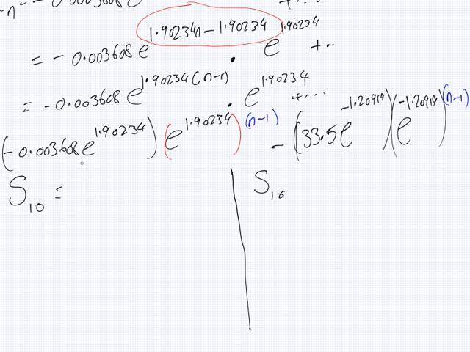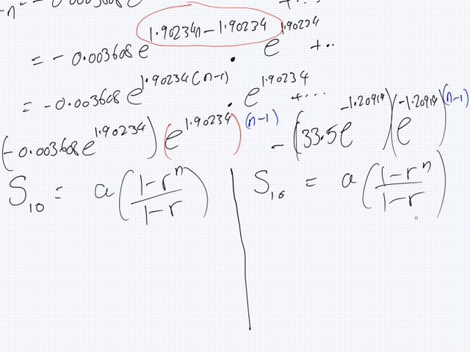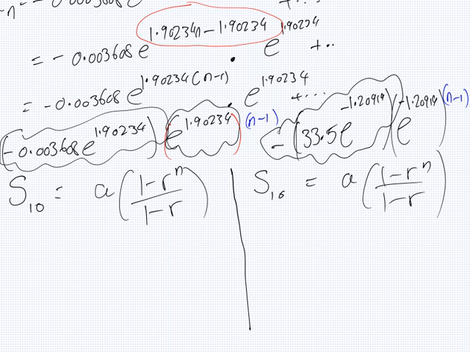Do you remember the formula for S? It's A times 1 minus R to the n over 1 minus R. And here it's the same, A times 1 minus R to the n over 1 minus R. But what's the A here? Well, it's that big thing there. What's the R? That thing there. What's the n? 10. Here, there's the A, there's the R, and the n is 10.